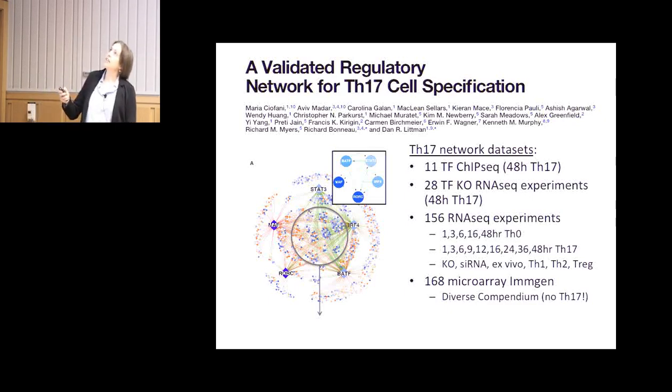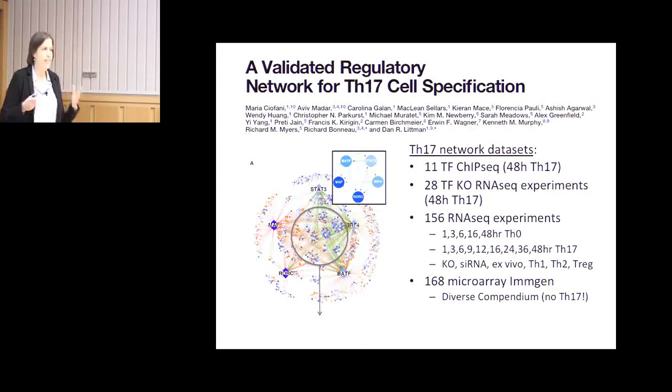So there were 11 TF ChIP-seq experiments. There were 28 transcription factor (TF is an abbreviation for transcription factor) knockout experiments, and about 150 RNA-seq experiments. And then in order to make this network, they also included a microarray immune cell compendium gene expression data set called ImmGen, and came up with this final network.